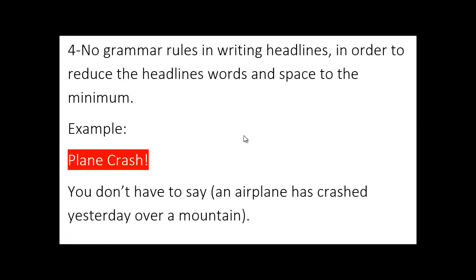And then number four, when you're writing a headline, grammar rules are not very much respected. We don't go into the past perfect tense and past continuous and so on. Example: plane crash. That's it. You don't have to say an airplane crashed yesterday over a mountain, or an airplane has crashed.